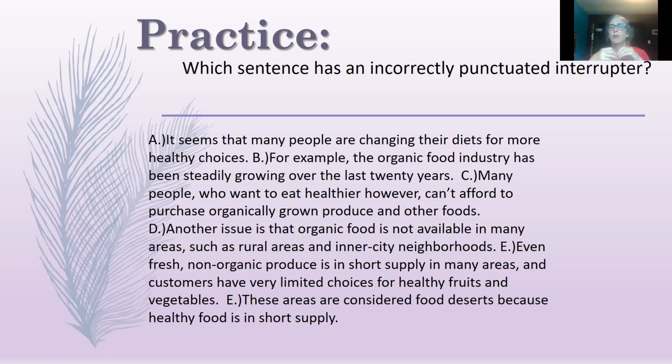It's really important when we're doing our final proofreading in our own writing to carefully and slowly read each sentence out loud. And if we've got commas in that sentence, make sure that we can understand exactly what each comma is doing. Let's go ahead and make sure everything else is correct. Another issue is that organic food is not available in many areas, comma, such as rural areas and intercity neighborhoods.